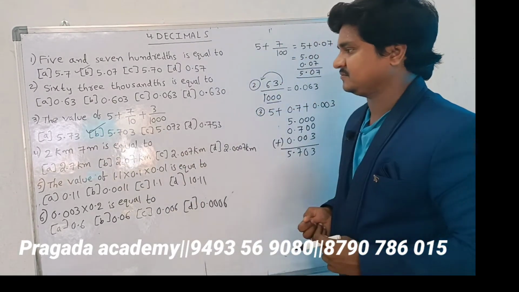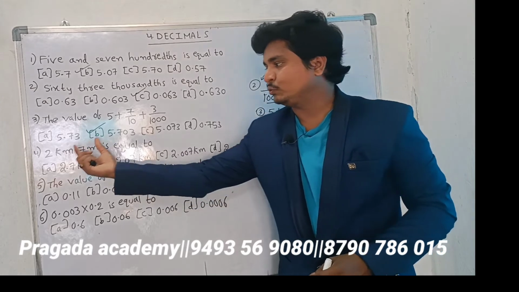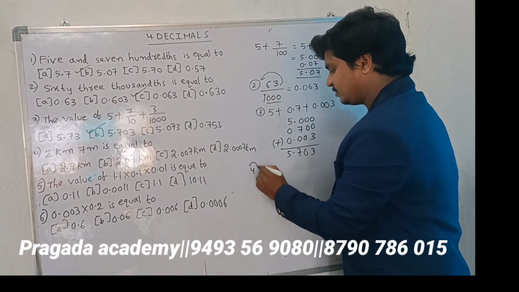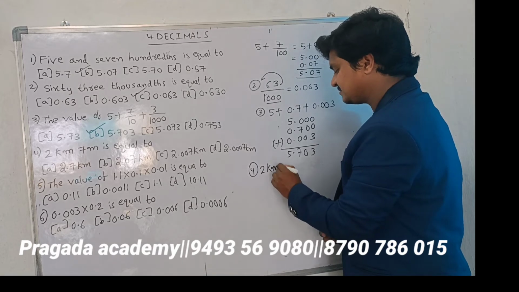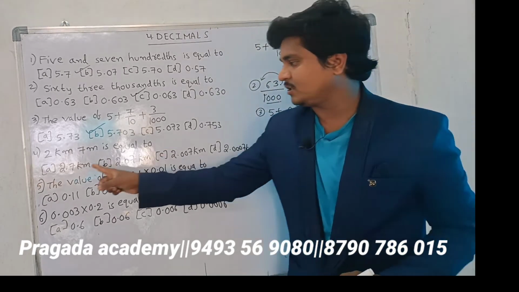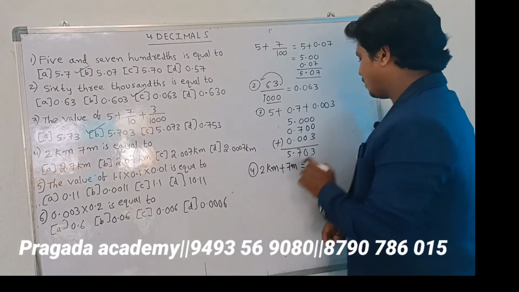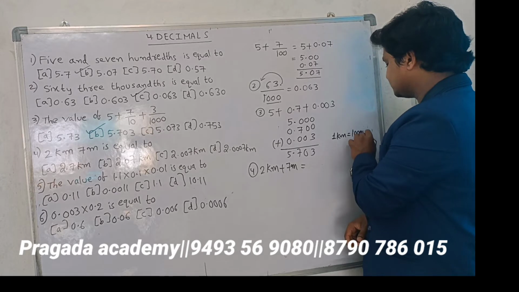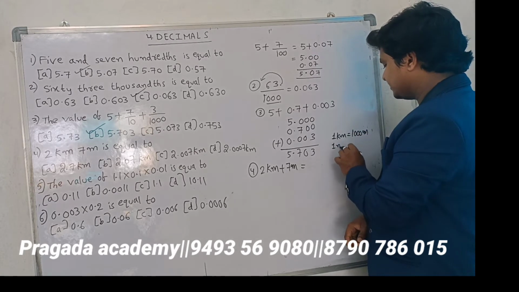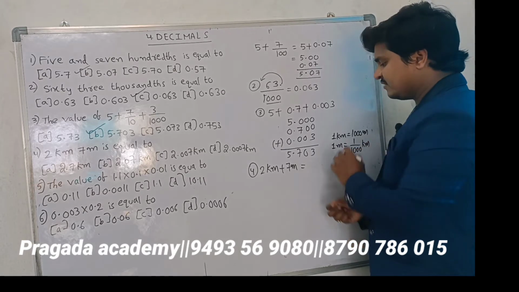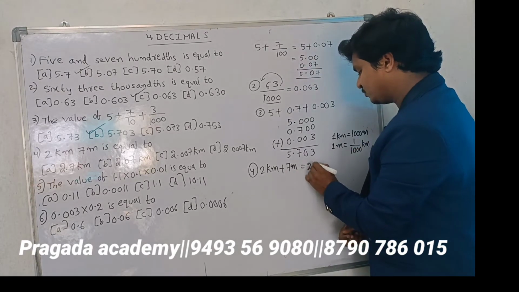Option B is correct. Fourth bit, 2 kilometers 7 meter is equal to nothing but 2 kilometers plus 7 meter you should write. But if you observe the options, all the options are in kilometer. We already know 1 kilometer is nothing but 1000 meters. From that, 1 meter is nothing but 1 by 1000 kilometer. Here we have 2 kilometer, you should take 2 kilometer only.